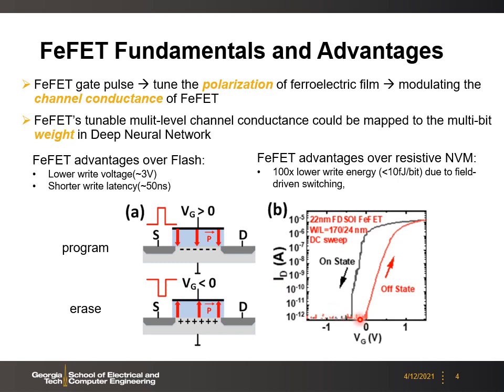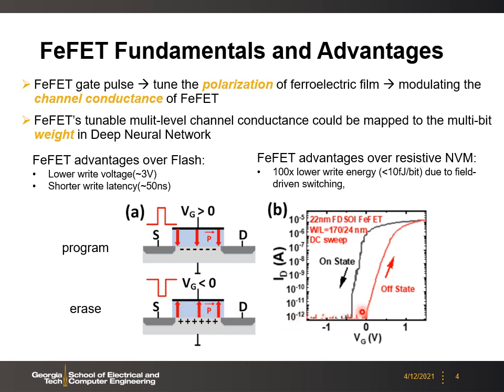Here the IV sweep of the FeFET is shown after the programming. Then the current is increased and the threshold voltage is effectively reduced. If we want to erase the FeFET, then we need to apply a large enough negative voltage to the gate. Then the ferroelectric material is polarized up and the threshold voltage will effectively increase.